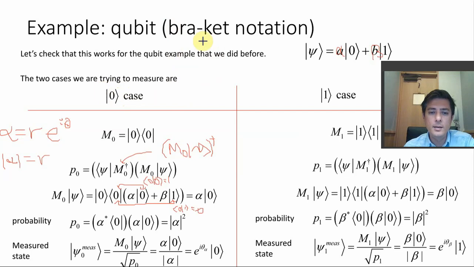This thing here, the regular vector, is called a ket, and this thing, the conjugate vector pointing the other way, is called the bra, and together they form a kind of bracket, right? Because brackets look like this. So that's why it's called bracket notation.